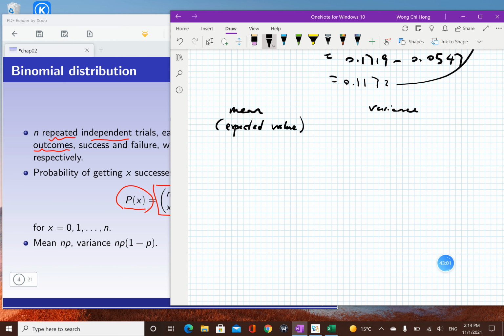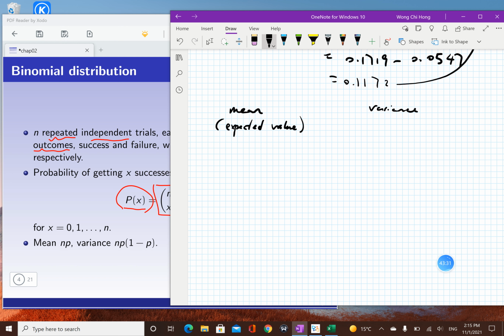Like the average, you see, the expected value. So if you are throwing a coin 100 times, you expect to see 50 heads and 50 tails. That sort of expectation. If you are having a gamble where you may win money or lose money, success means you win, failure means you lose money, and then you work out the expected value.